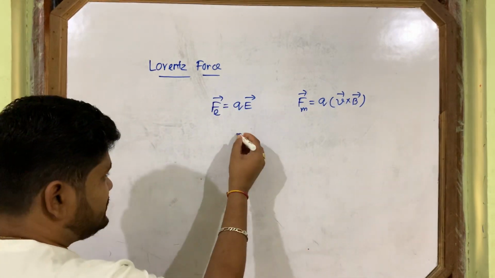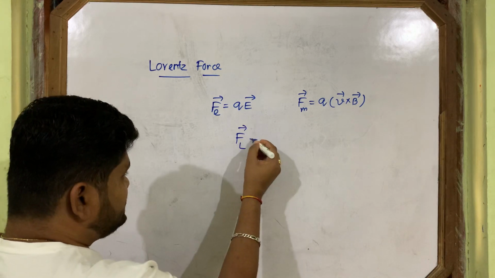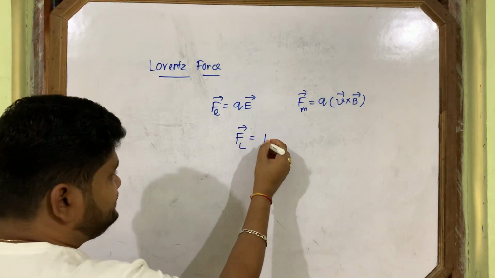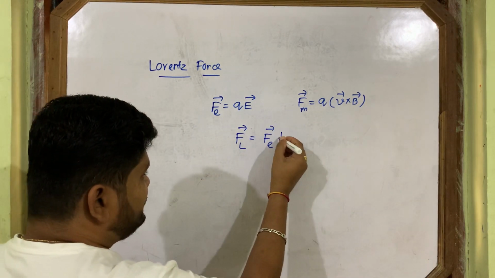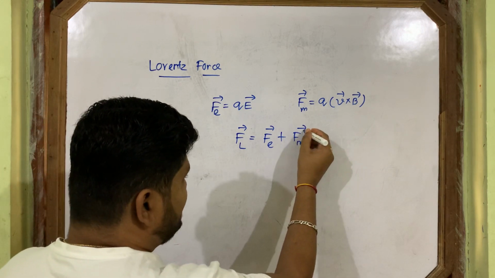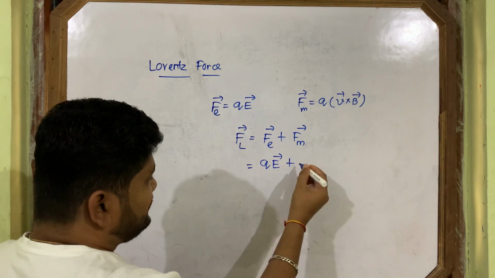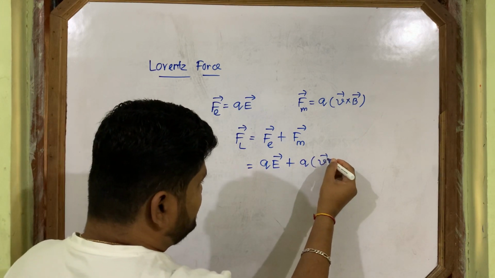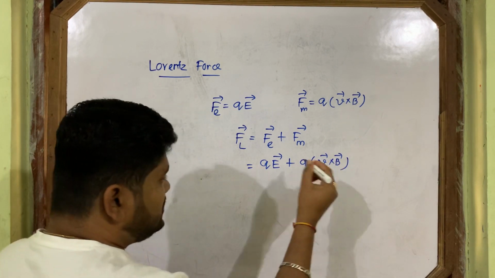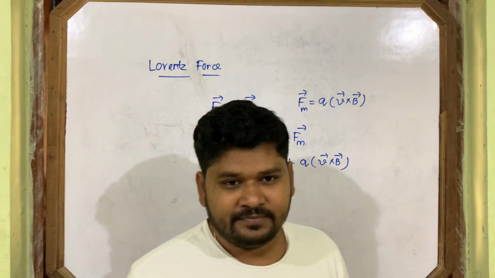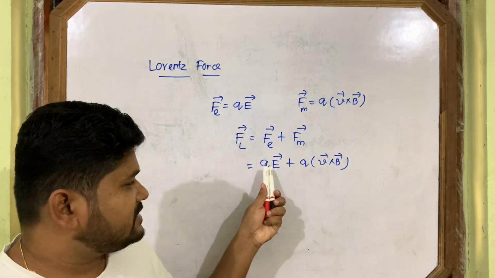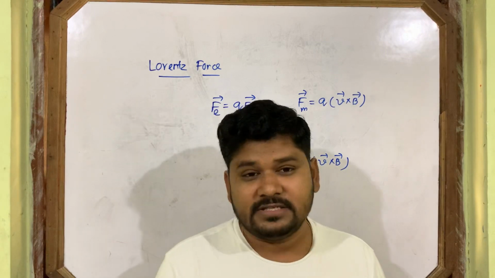So what is Lorentz force? I am writing the symbol with L. It is electric force plus magnetic force: electric force QE vector and magnetic force Q times V vector cross B vector. When both forces act, this is called Lorentz force.